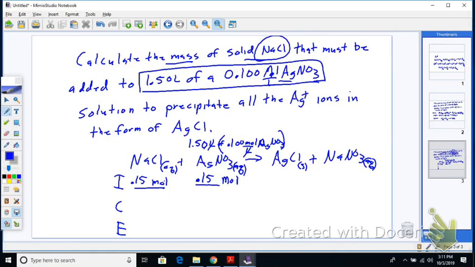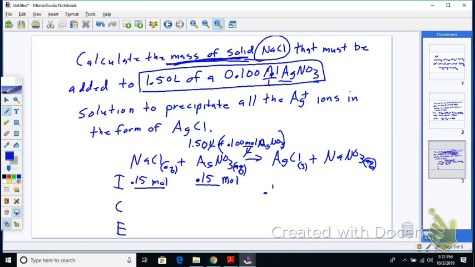So it's 0.15. So guess what all we have to do now? Find the formula mass of NaCl, and that will allow us to calculate the mass of the solid, because we already got the moles of it that we need. So we don't really have to do the change in equilibrium there, because all we're doing is a comparison of how much we need of the other one.